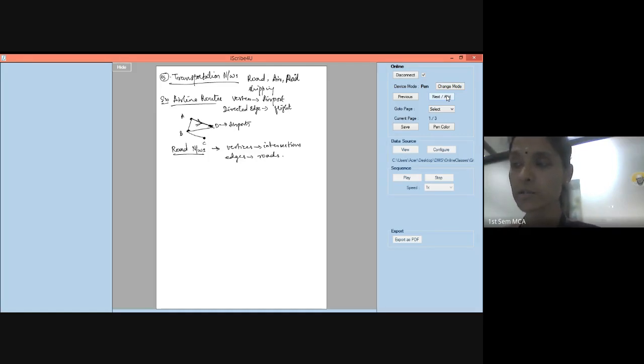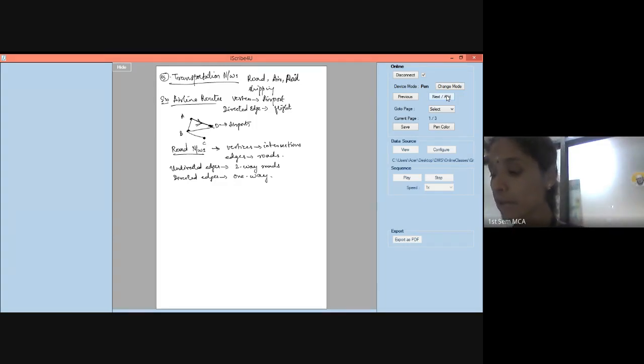Undirected edges will represent two-way roads, and directed edges will represent one-way roads. So this way you can use graphs to represent transportation networks. It can be airline routes, road networks, rail networks, or shipping routes. All these kinds of routes can be represented using graphs.